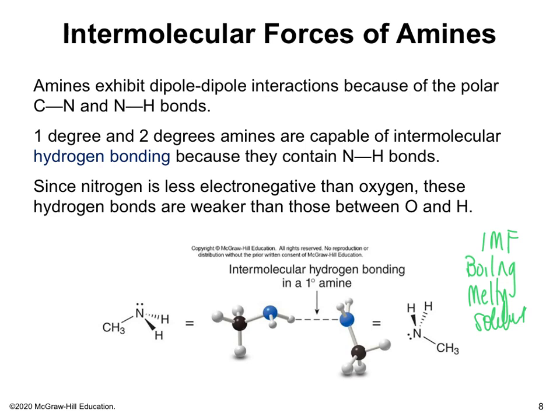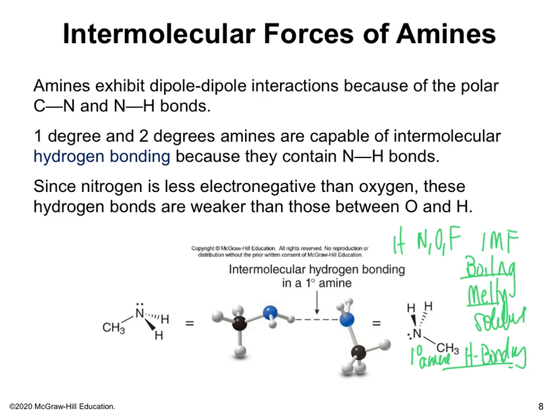If there is a hydrogen bonded to the nitrogen, like this is a primary amine, then they're going to undergo hydrogen bonding, right? So you know that that's pretty high boiling and melting points for hydrogen bonding. Hydrogen bonding is a requirement of a hydrogen bonded to either a nitrogen, oxygen, or a fluorine.